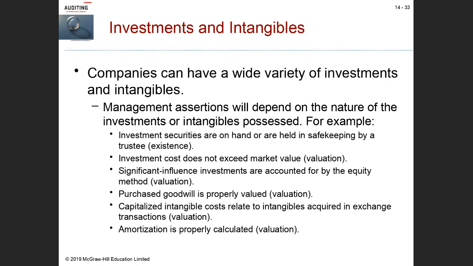Management asserts that purchased goodwill is properly valued, i.e. there has been no impairment. Management asserts that certain intangible costs that have been capitalized were acquired in exchange transactions, which would provide a way to value the shares.